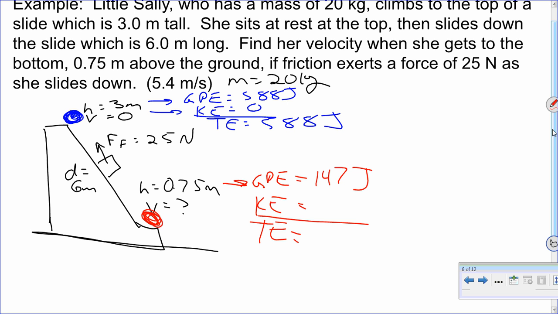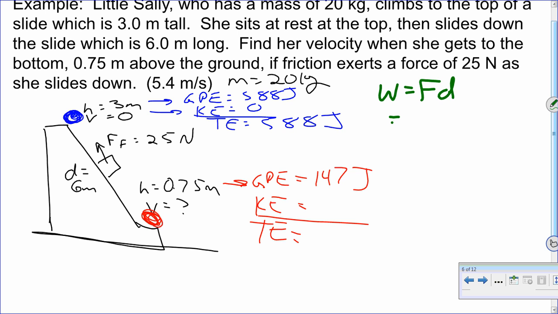Follow? So when you get to this step, where you think, I need the velocity to find the KE, and I need the KE to find the velocity, your question should be, what's going on with the total energy? If it's changing, find your work. That's exactly what I'm going to do. For this problem, work is force times distance, technically times the cosine of 180. But in my head I just think, the force is this way, the displacement is this way, so my work is going to be negative.